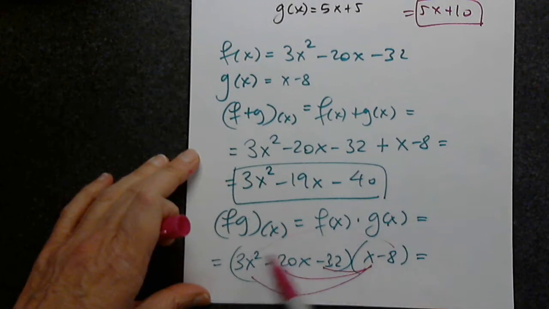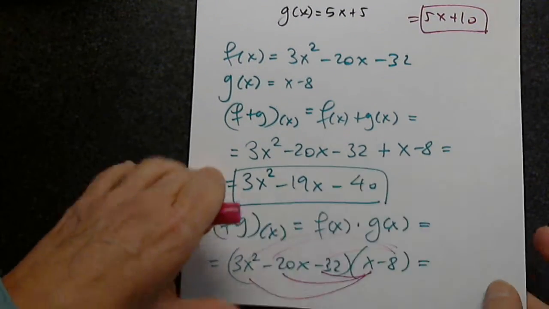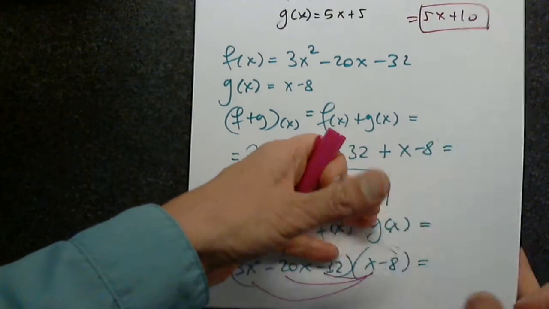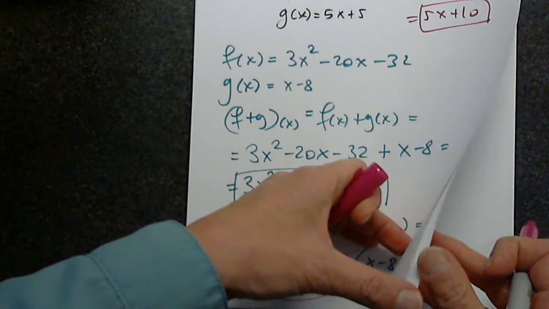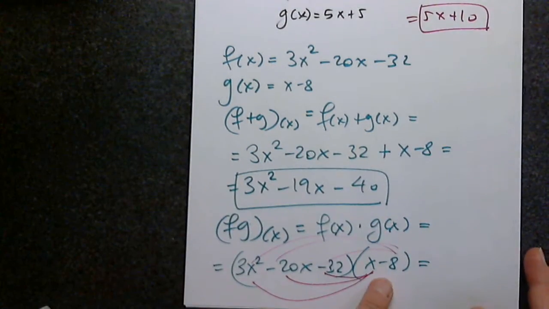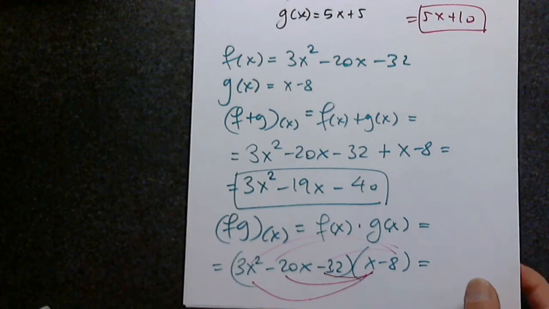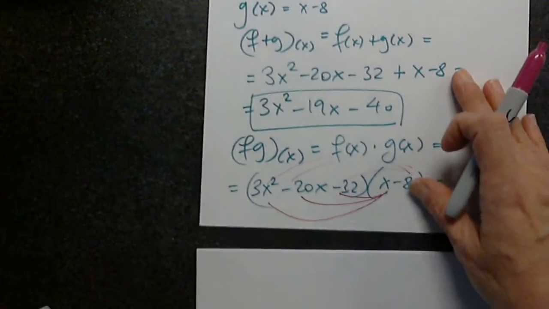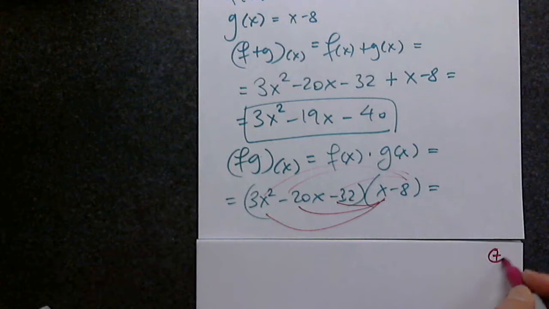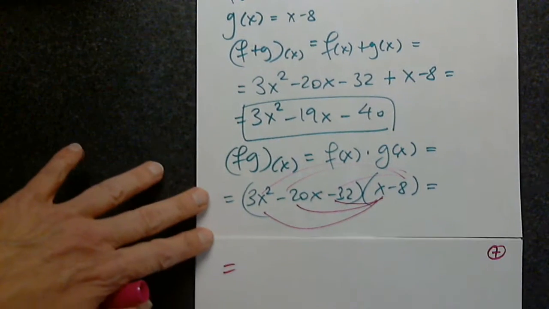When I'm done, I will distribute negative 8. But you can do it the reverse way. You can distribute 3x squared to these two, and then this and this. For me, it's easier, but again, you have to develop your own method.